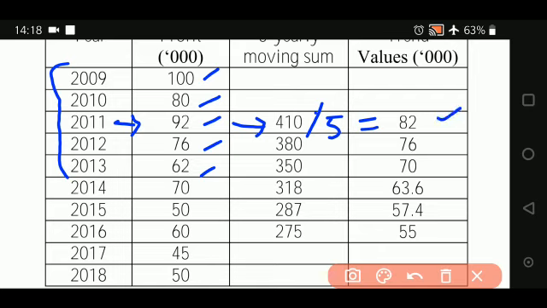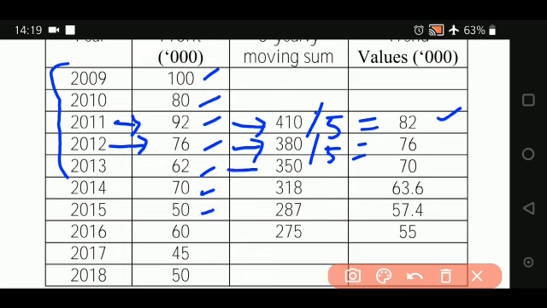Similarly, you will do for the remaining values also. Then you skip 100. You will skip 100, then you add 80, 92, 76, 62 and 70. That totals up to 380 divided by 5. You are getting it as 76. And the representation year will be 2012. Next, you skip 80, then you add 92, 76, 62, 70 and 50.